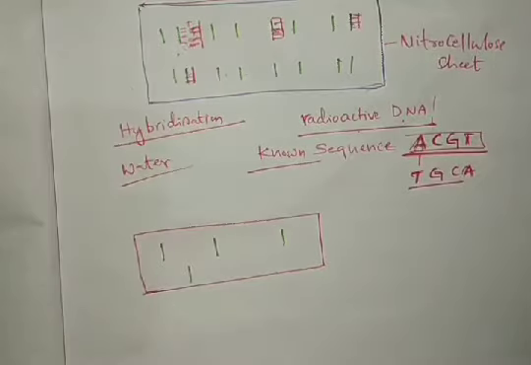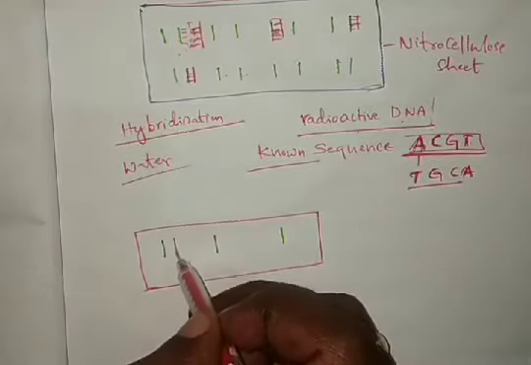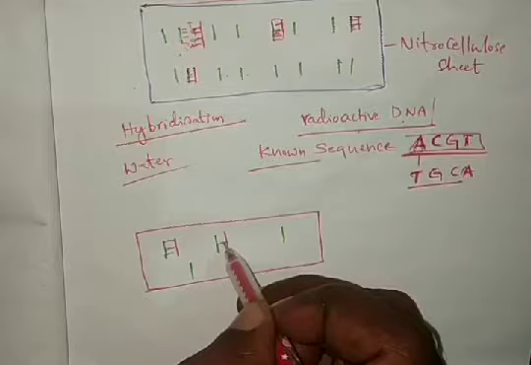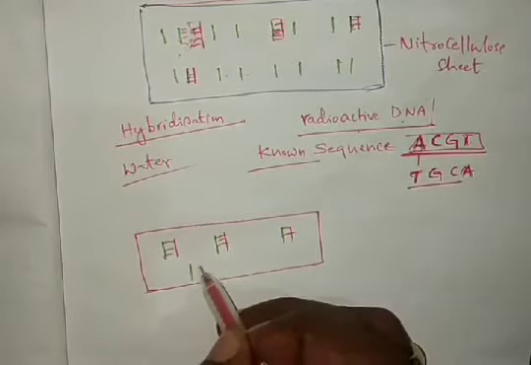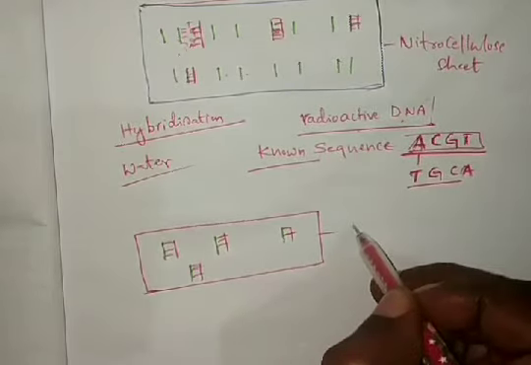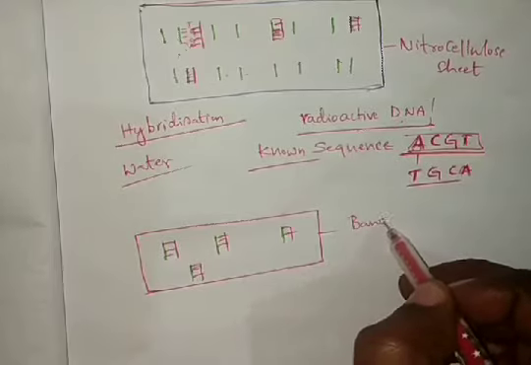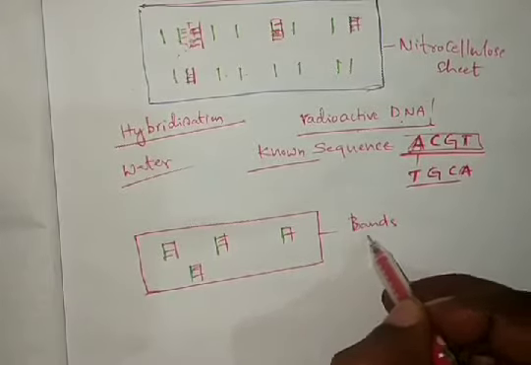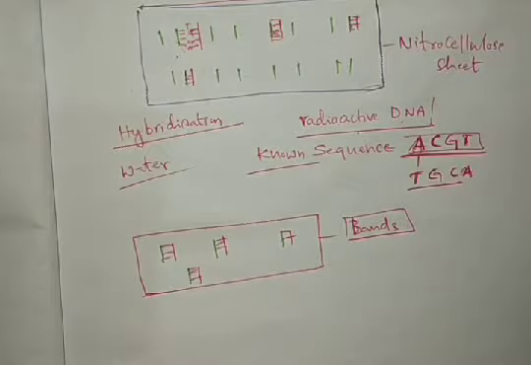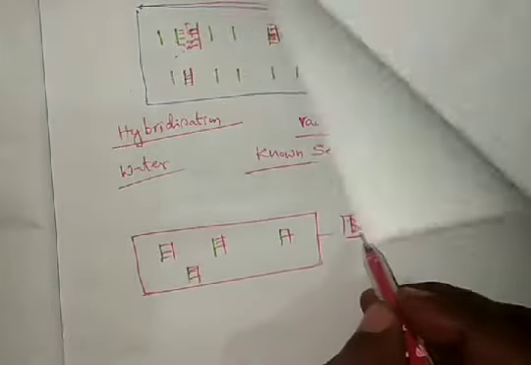Hybridized DNA segments are present like this, and they appear like dark bands.